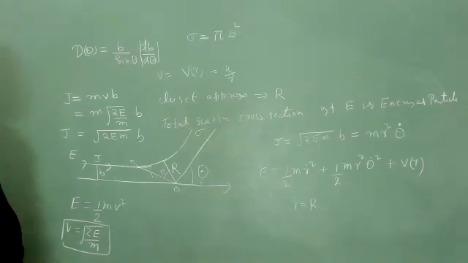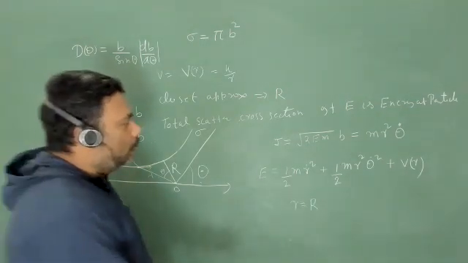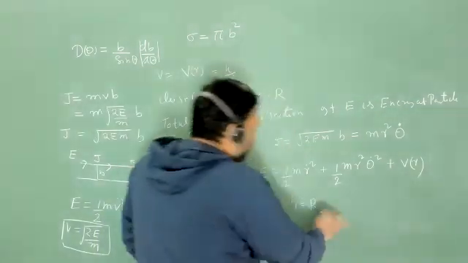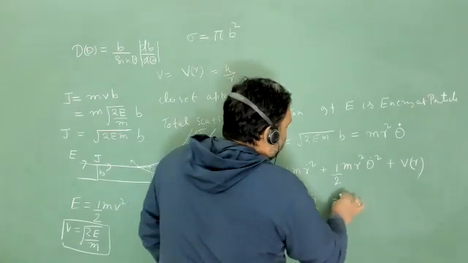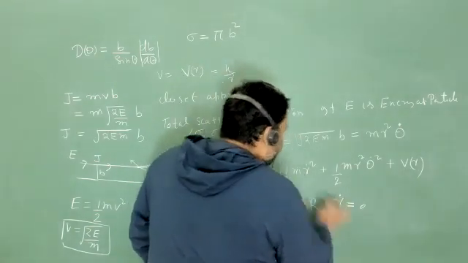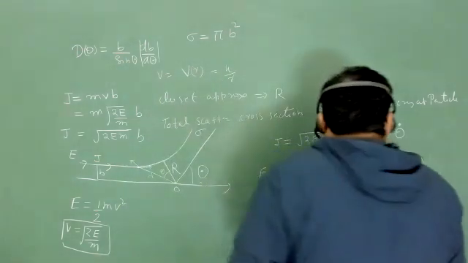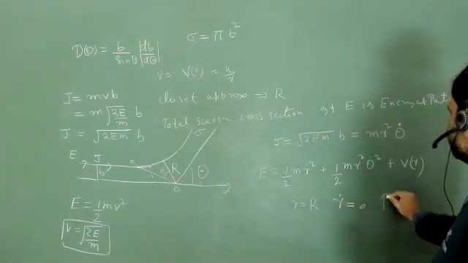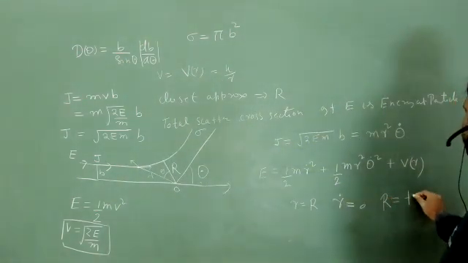At r is equal to capital R, ṙ is equal to 0, because capital R is identified as the turning point, right? The minimum distance R is identified as the turning point.